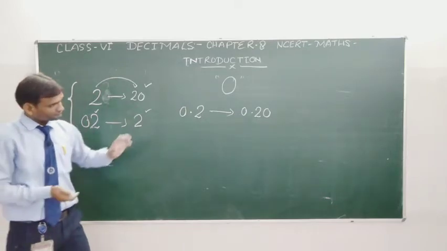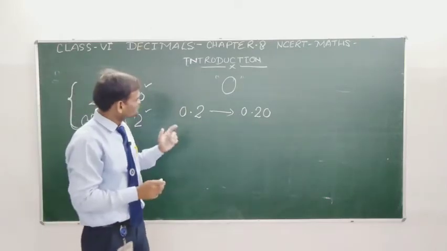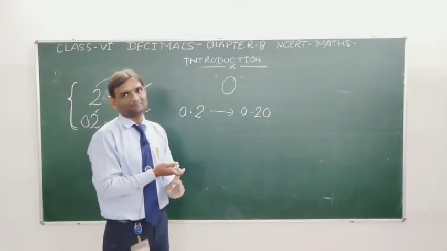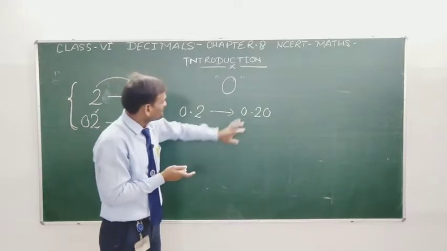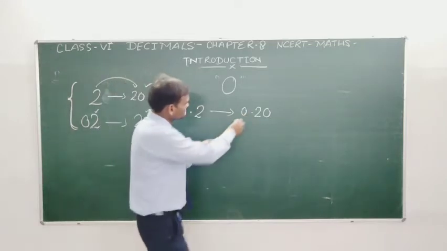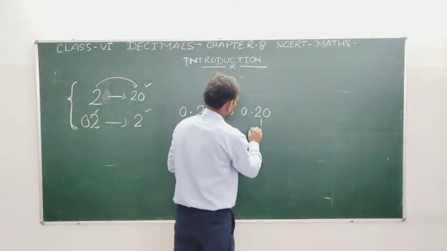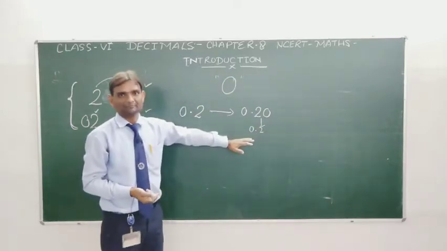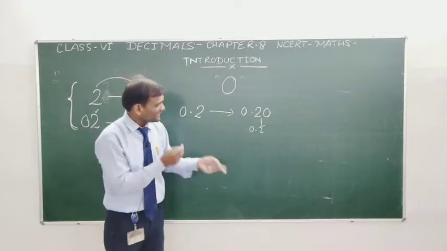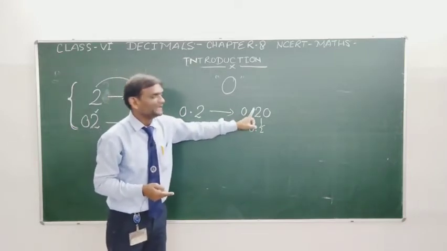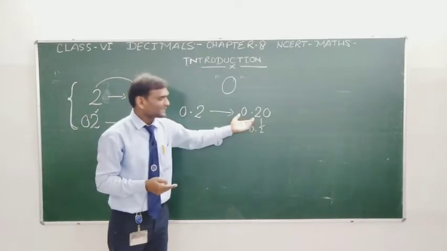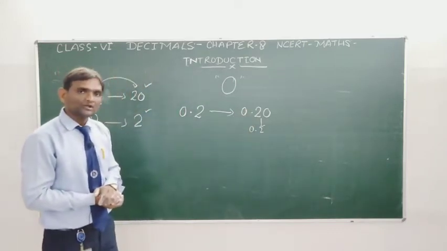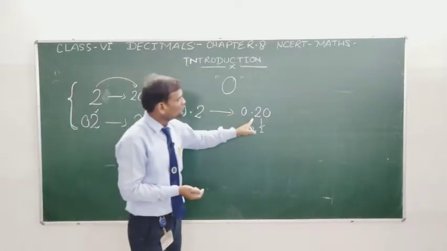Student, what can you say, is the value changed? No student, here the value is not changed. This is also 0.2. This is 0.2 only. We read it as 0.2 only.